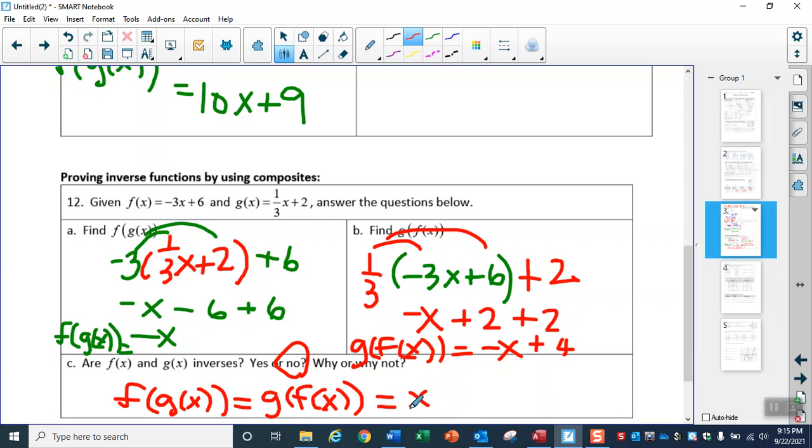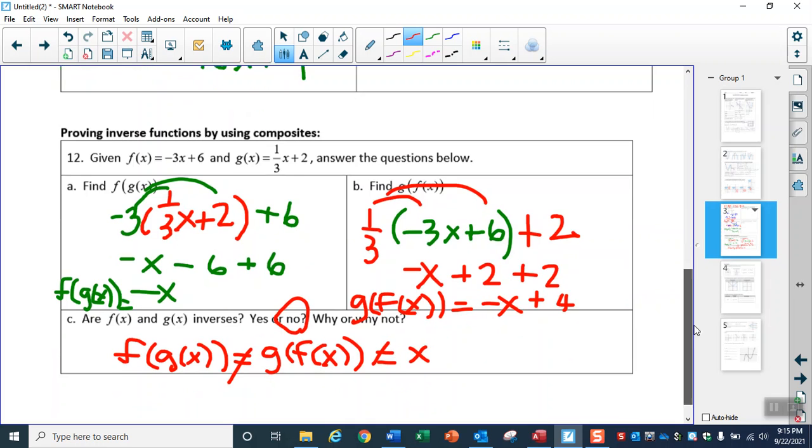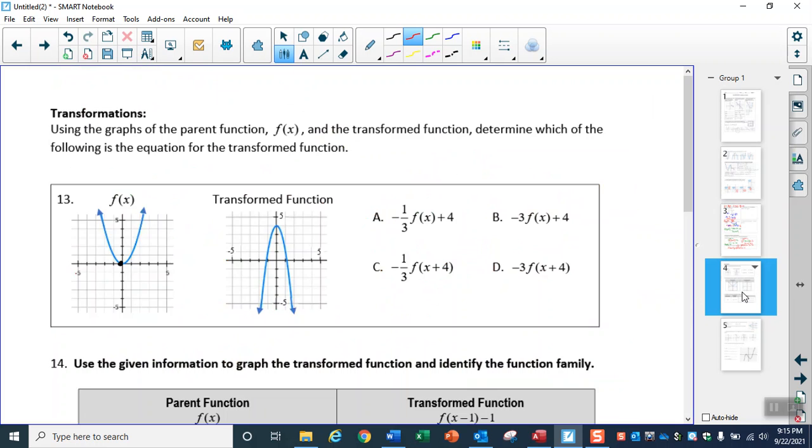So when you do that, you should get x. And this did not happen. So it's not the inverse.